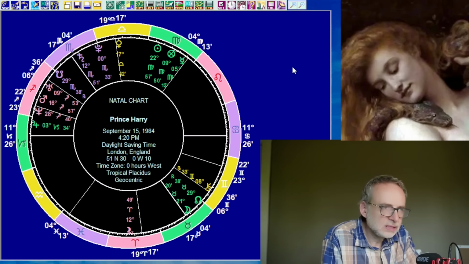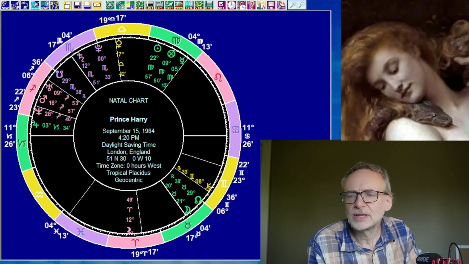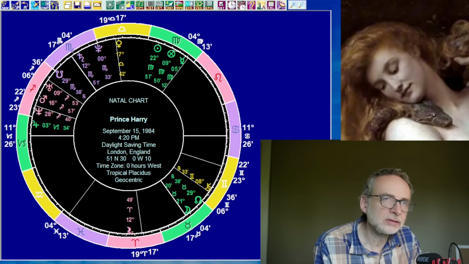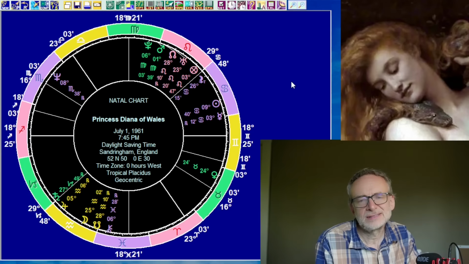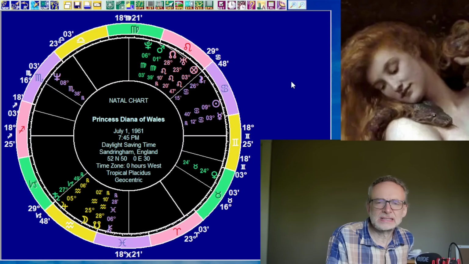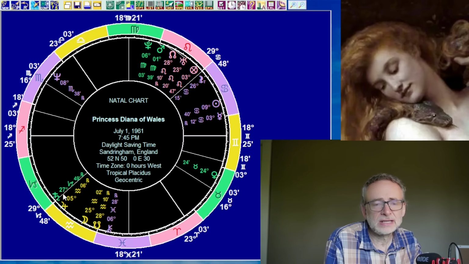I suppose at that stage you might then be interested in Princess Diana, and whether you could say that she was in some respects stolen from the world. I suppose if you're a fan of Princess Diana, nothing especially dramatic, but she has Lilith fairly close to the 8th house cusp and opposition Saturn.